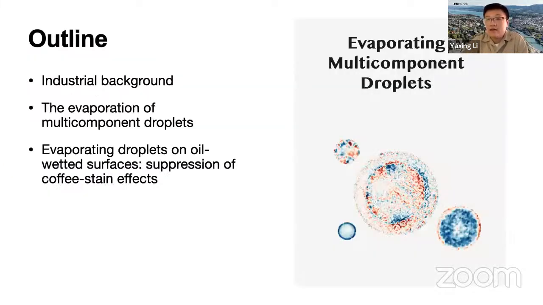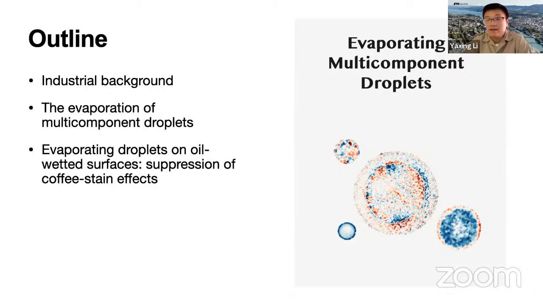A little outline of my talk today. In the first part, I would like to give some motivation about why we study this topic, why it's so important, and how it's relevant to industry. Then in the second part, I would like to give you some examples of multi-component systems during evaporation, to show you how beautiful and how complex this small, tiny system can be.